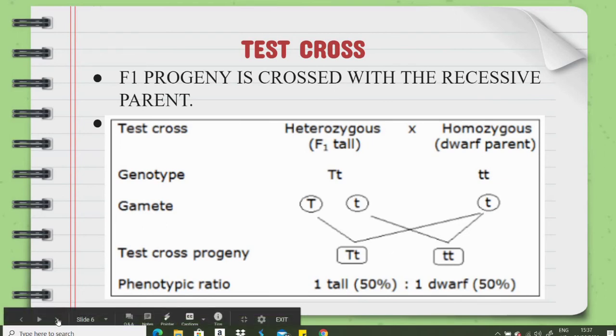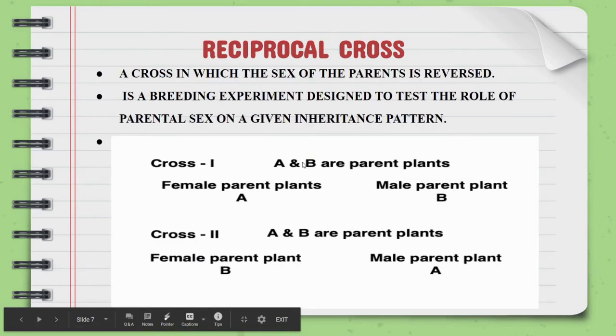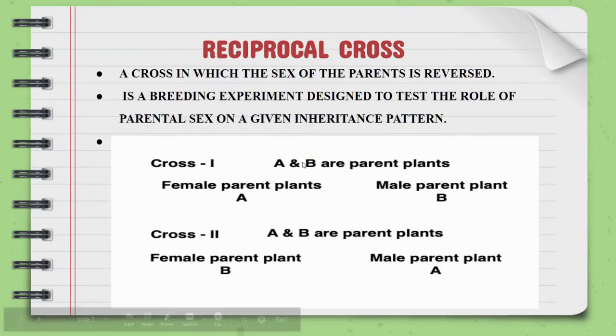Now the second type of cross is called reciprocal cross, and in this cross just the sex of the parents is reversed. Like if the tall plant was a male parent in the monohybrid cross, in its reciprocal cross we'll consider the tall plant as the female parent.